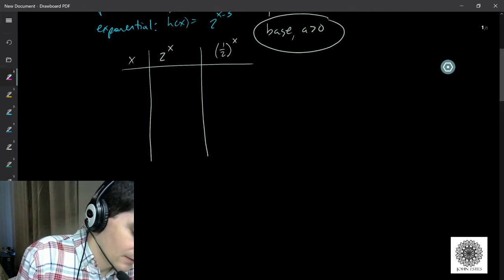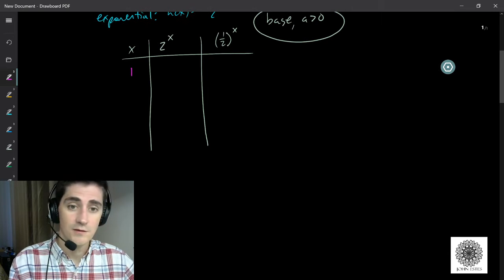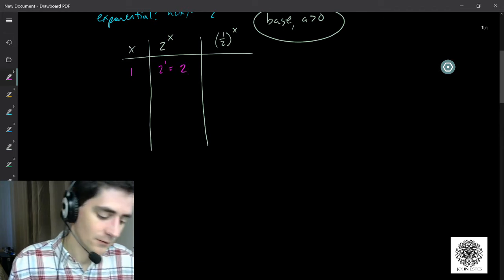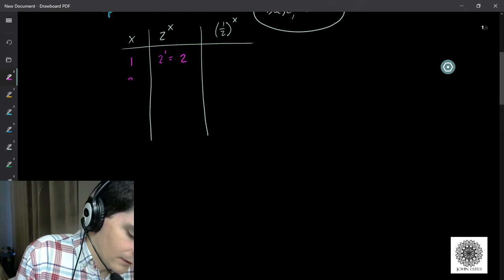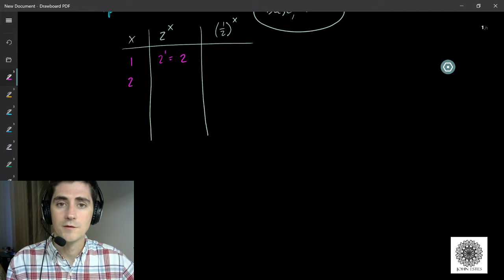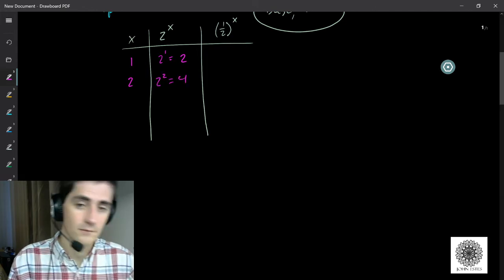So if I pick 1, for example, then 2 to the x power means 2 to the first power, which is just 2, not a big deal. And if I picked, how about x to be 2? Then when I plug it in, I have 2 squared. Okay, I can handle 2 squared. 2 squared is 4.